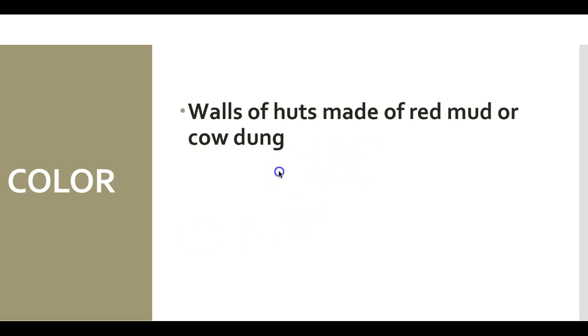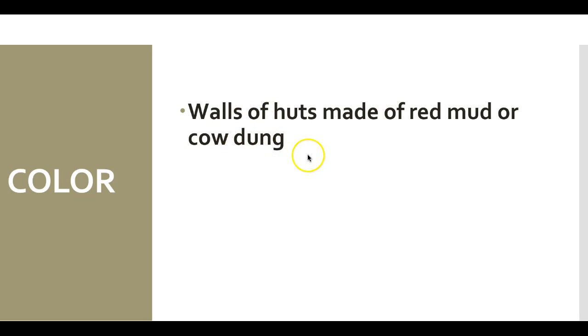All right, now this is kind of important. You might think, oh, what's the big deal with color? Well, the original Warli art was only created on two different backgrounds of color, okay? And that's because the walls of their huts were made of red mud or cow dung. If you're not familiar with the word dung, this would be cow poop.